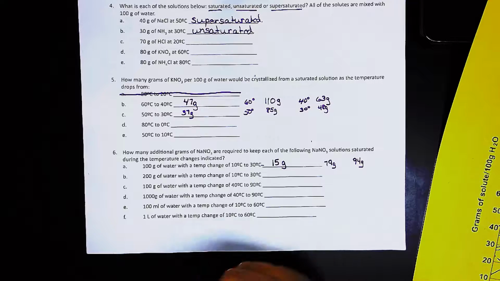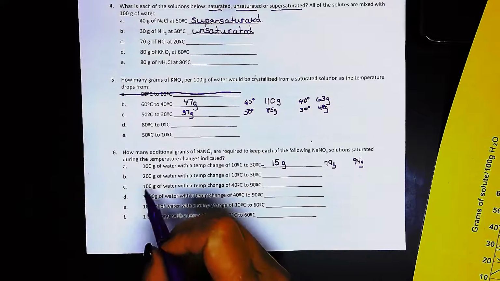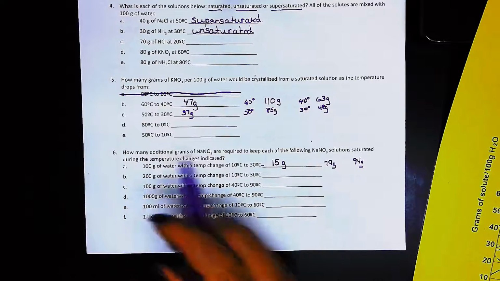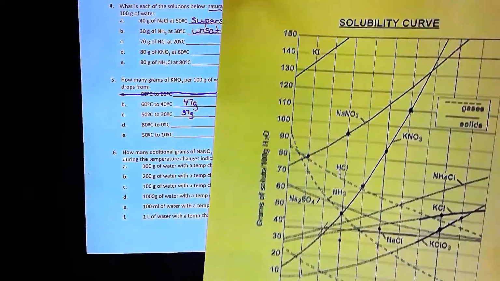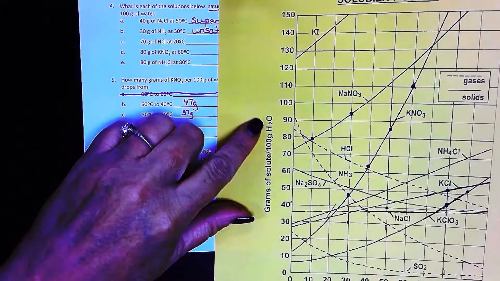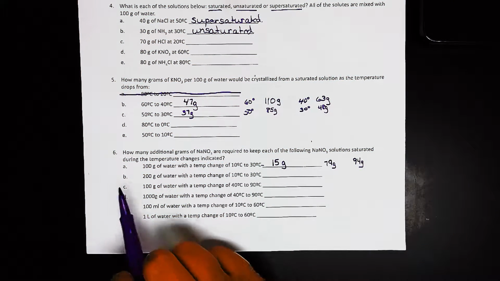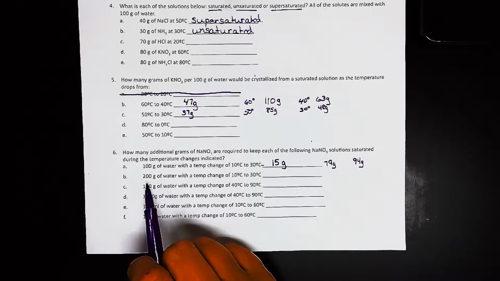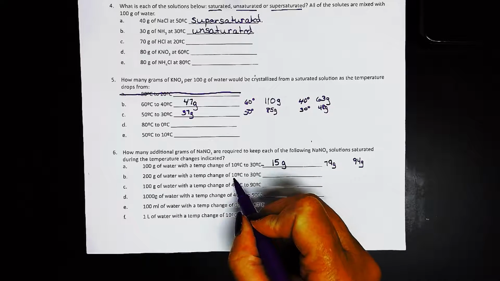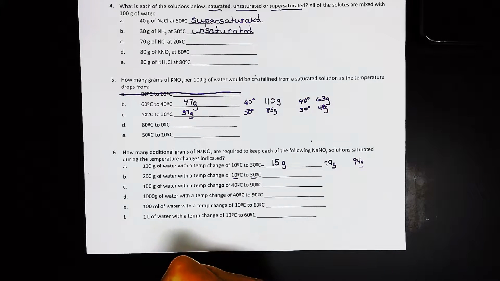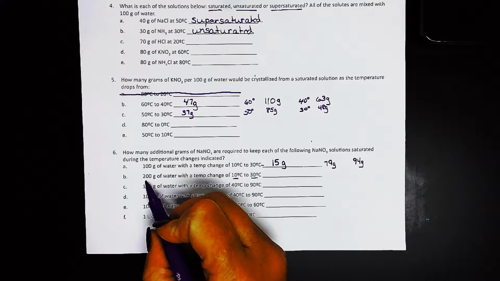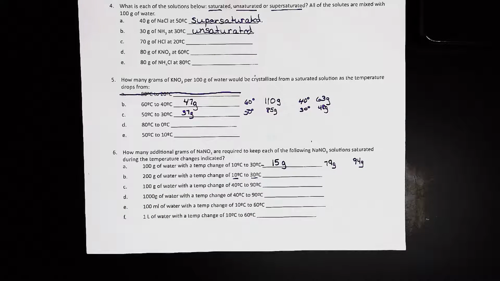Now, the next question could be a little tricky if you don't read it really carefully. Notice what it says. Up here it said we have 100 grams of water. Notice that our solubility curve has 100 grams of water. So we want to know in this question, notice it's still 10 degrees and 30 degrees, but now we have 200 grams of water.